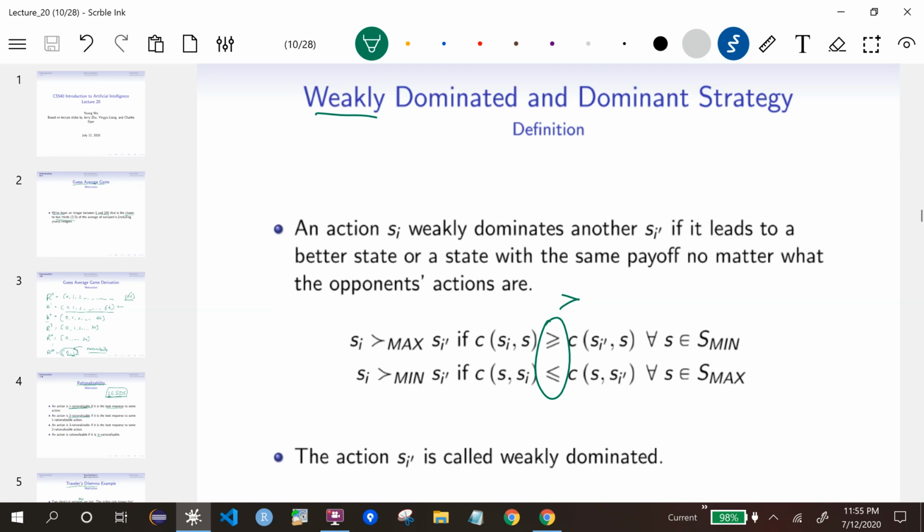So it cannot be one action in the list of this Nash equilibrium. But if an action is weakly dominated, then it still may be a part of the Nash equilibrium. So weakly dominated is really not that useful in eliminating the actions that will not be played. So we don't often use this concept, but I'm stating it here anyway.